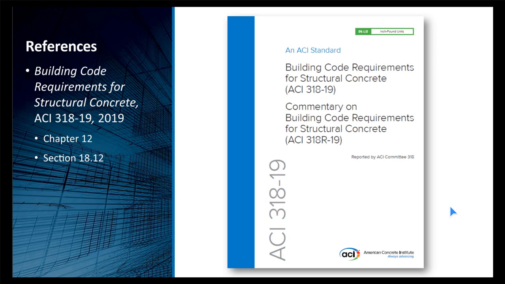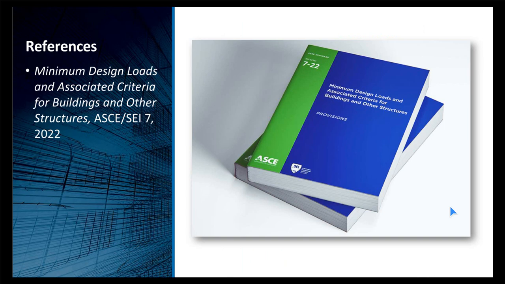And in particular, we'll also look at Section 18.12 when you have buildings assigned to seismic design categories C and above. Also, we're going to talk about some of the provisions in ASCE 7, and that'll be the 2022 edition. So any section numbers you see from these two particular references, those come from those particular editions.